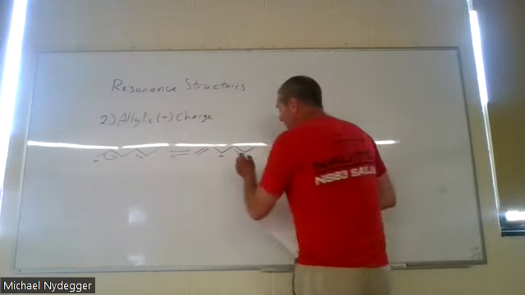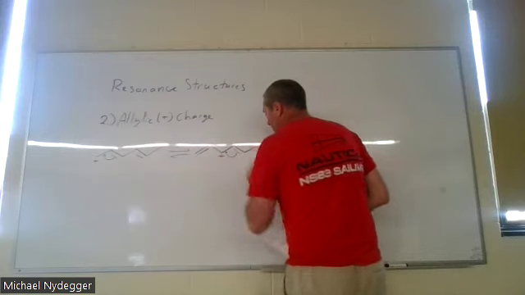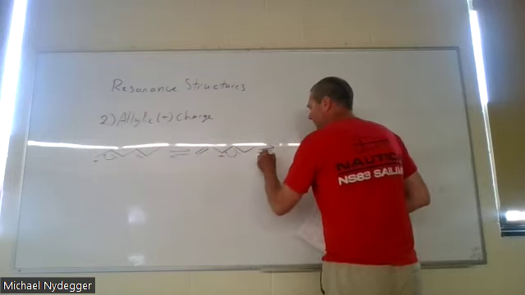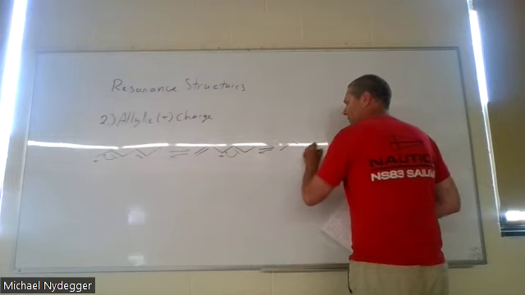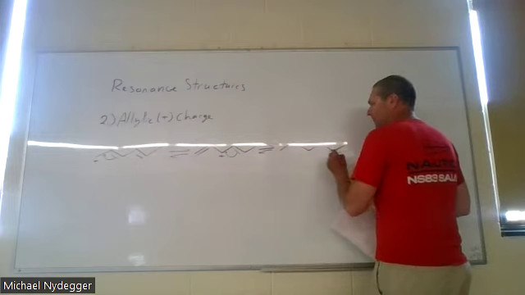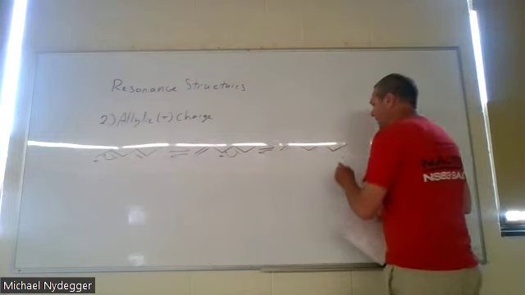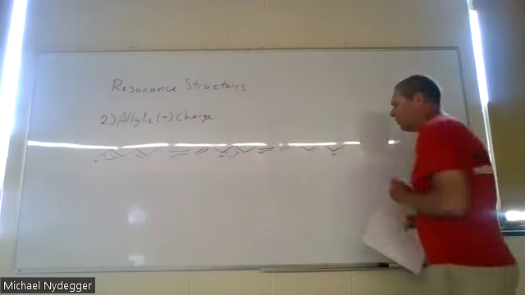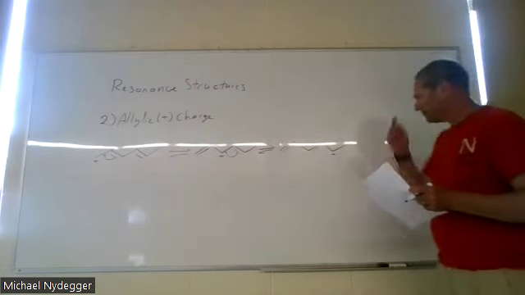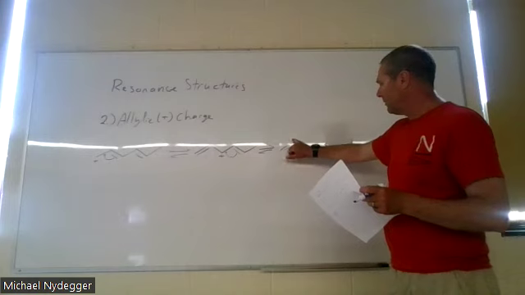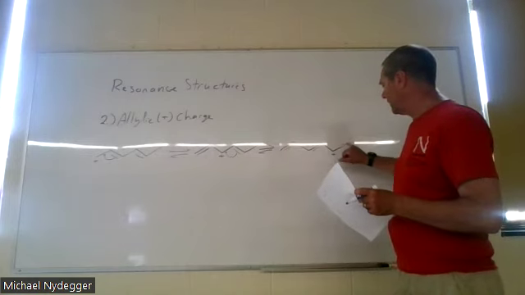We can make another resonance structure such that this double bond goes there, and we end up getting that, and that puts the positive charge right there. Okay? So we have another allylic position.